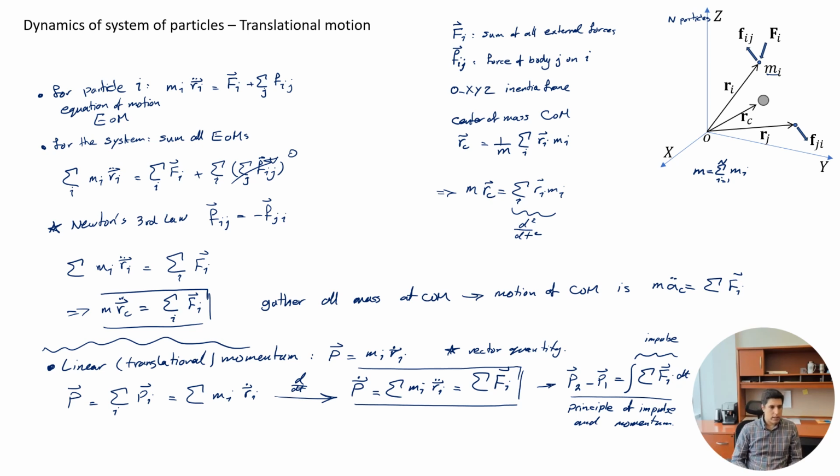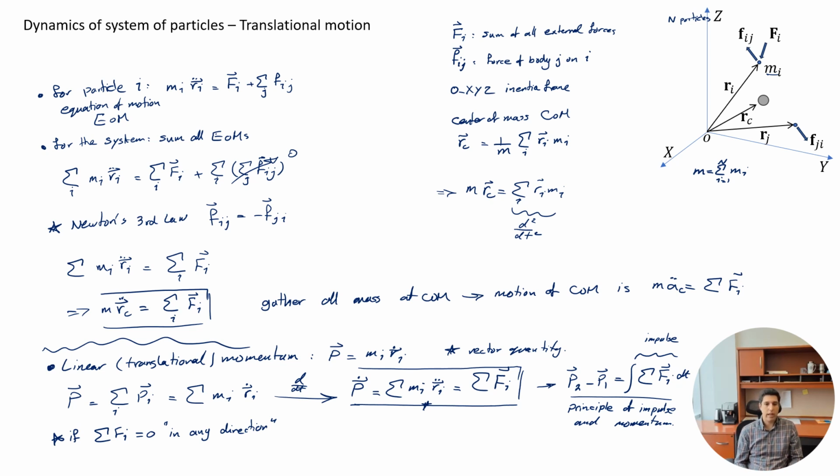And the last thing, looking at this equation: if sigma Fi is 0 in any direction, and we are dealing with a vector equation, so you can look at any axis and write your equation along that axis.